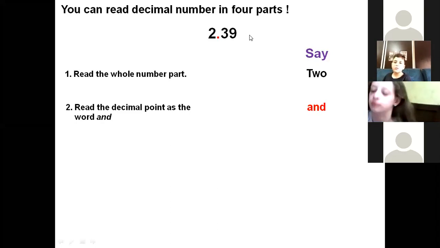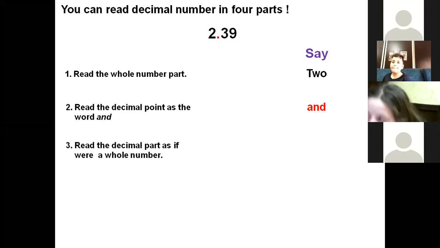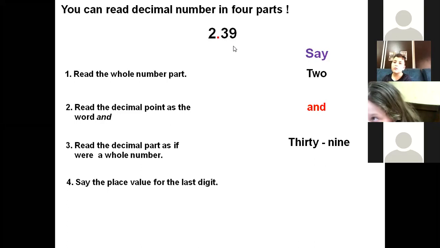Now there is a number in the decimal places part, on the right side of the decimal point. We read it as is, as if it's a normal number. If you cover 2 point, what's left for you? 39. So just read it, 39. But in the end, since this is a decimal, you have to mention the value of the last digit.